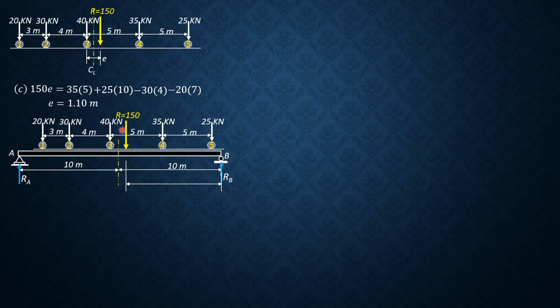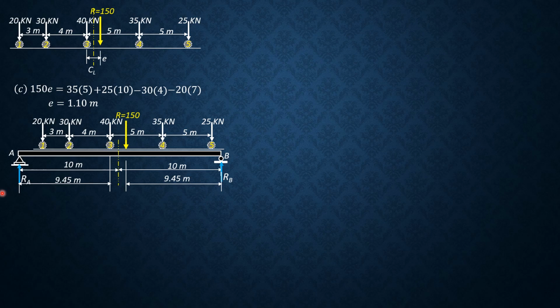This is the distance of R from the right, also 9.45, where 9.45 meters is 10 minus E over 2. E over 2 is 1.1 over 2 or 0.55, so that's why that distance is also 9.45.